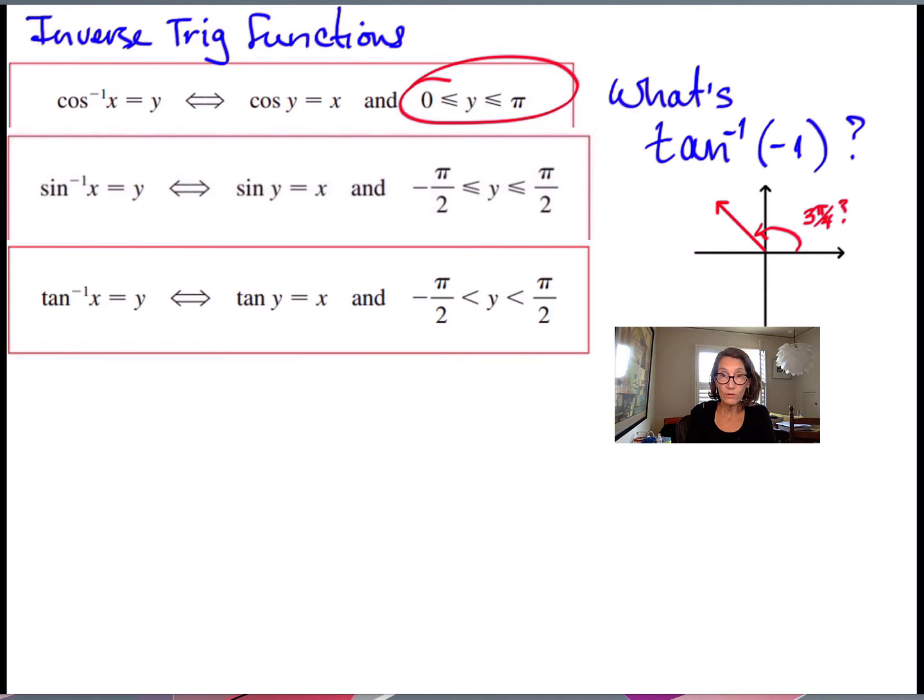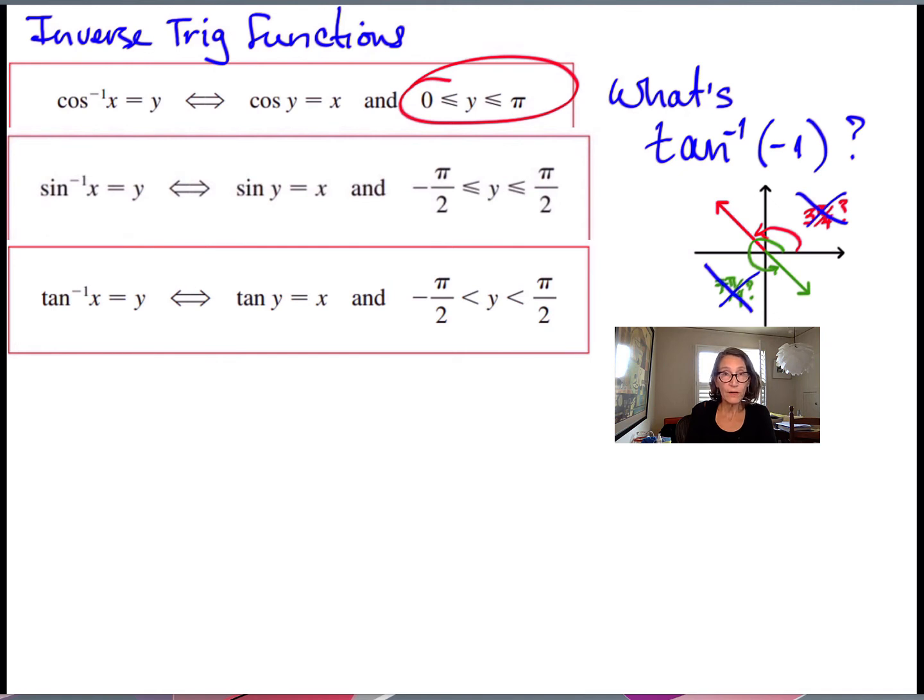negative √2/2. Also, 7π/4 has tangent equal to -1. The sine is negative root 2 over 2, and the cosine is positive root 2 over 2. Well, it turns out neither of those works.